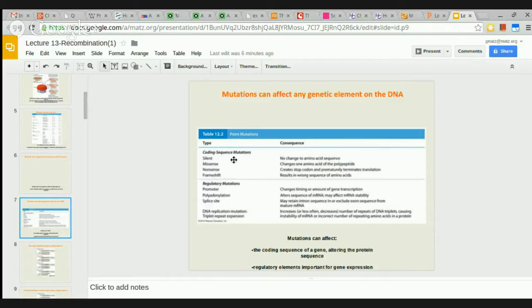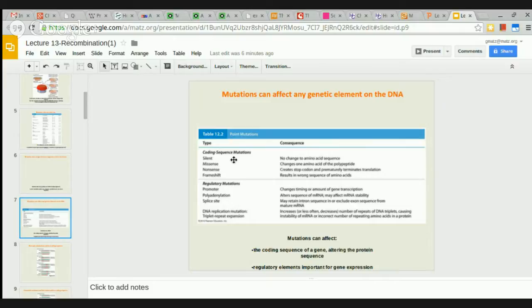So then importantly though, now we have three other types. Missense mutations, which change a codon for another, and that of course will change an amino acid in the predicted polypeptide. We have nonsense mutations, which create a stop codon and prematurely terminate translation, so that generates a truncation in the protein.